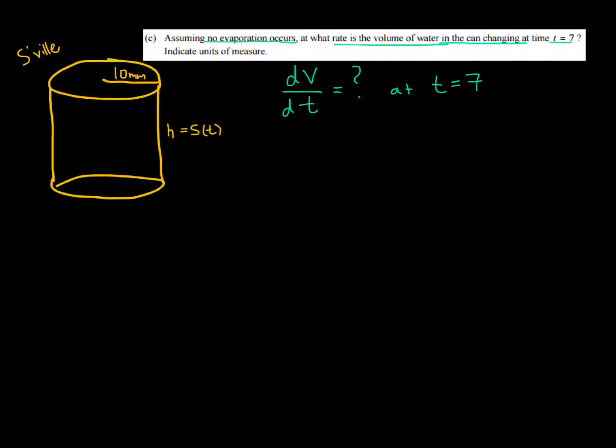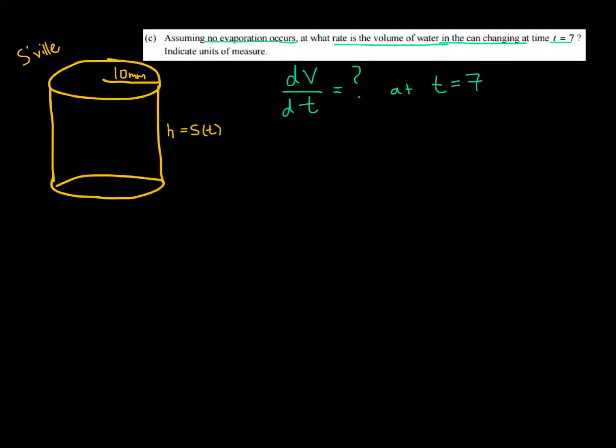But I don't explicitly have a function for volume yet, so I'm going to need to create one. So I've got to identify what the rate of change that I currently know is, so that I can write an equation that involves both the variable of the rate that I know and the variable of the rate that I'm trying to find, which is volume.